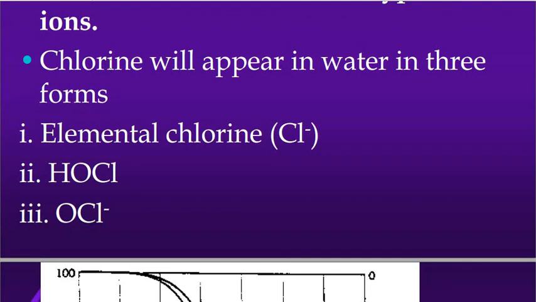After the application of chlorine in the water, it will appear in these three forms, depending upon the pH and how it reacts with the chlorine.